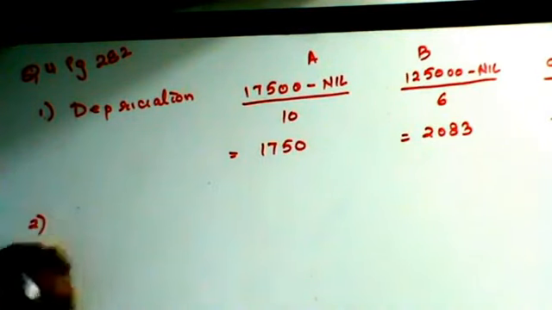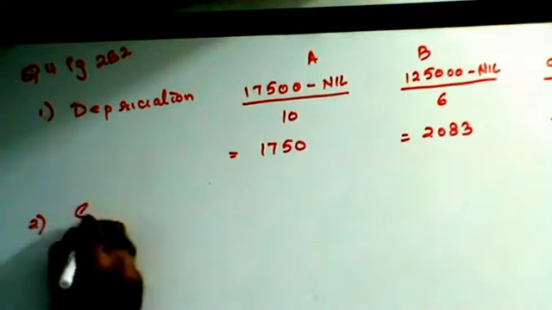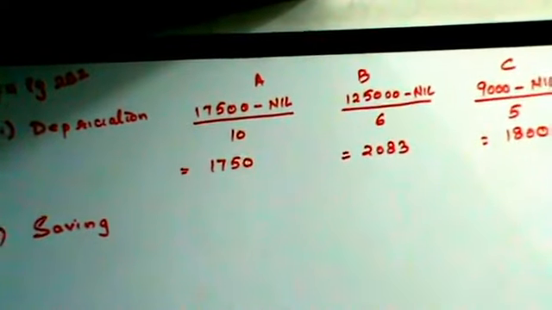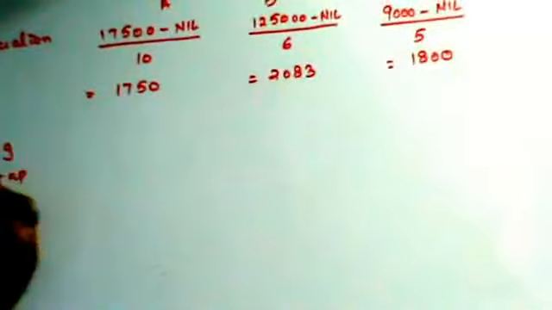Now, in this particular sum, they have given you the tax rate. So, first let's find out savings. They've given you that savings is in terms of scrap.